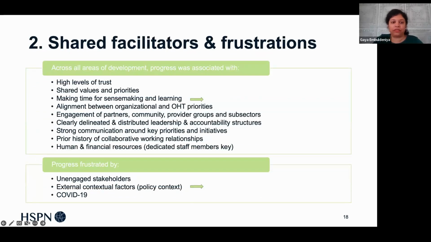Some of the things that helped were high levels of trust, shared values and priorities, making time for sense-making, learning, alignment between organizational and OHT priorities, engaging partners, community groups, providers, and subsectors, and clearly delineated and distributed leadership and accountability structures, strong communication around key priorities, a prior history of working together, and human and financial resources, a dedicated staff team being particularly important here.